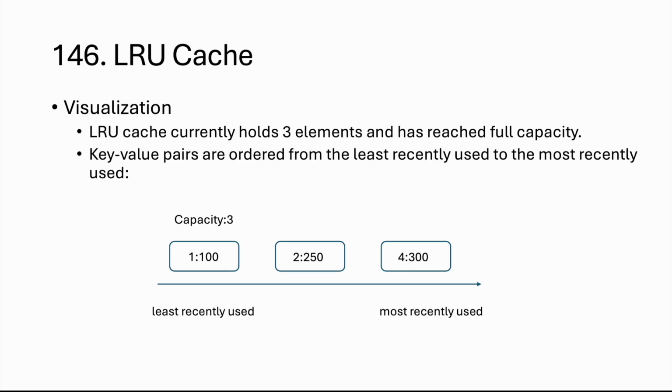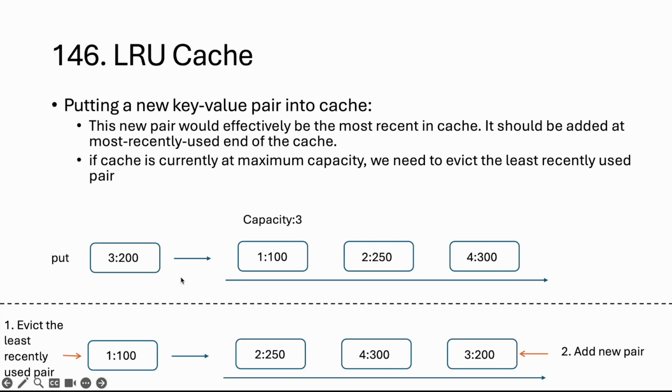Let's visualize the problem. The least recently used cache currently holds 3 elements and has reached full capacity. Key-value pairs are ordered from the least recently used to the most recently used. If we try to put a new key-value pair into the cache, this new pair would effectively be the most recently used in the cache.